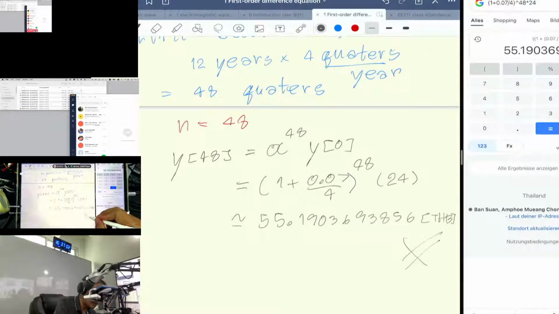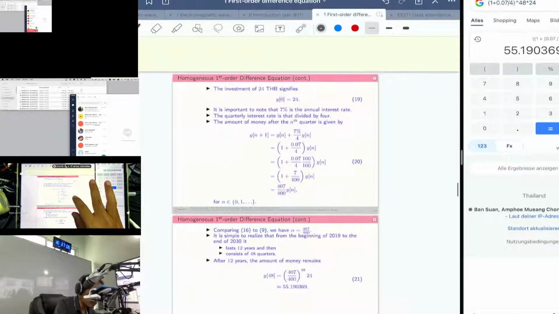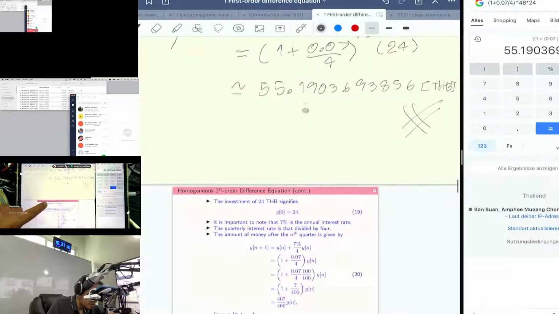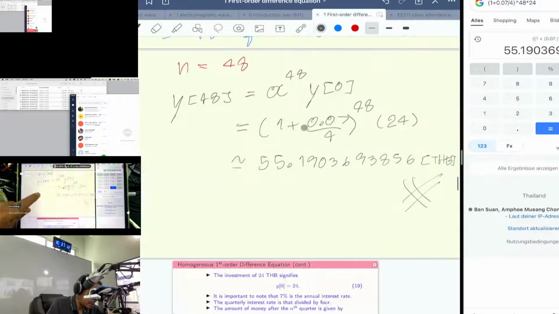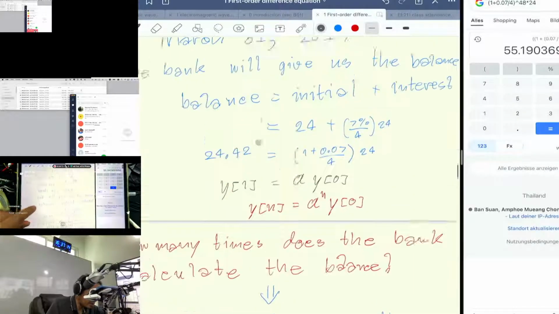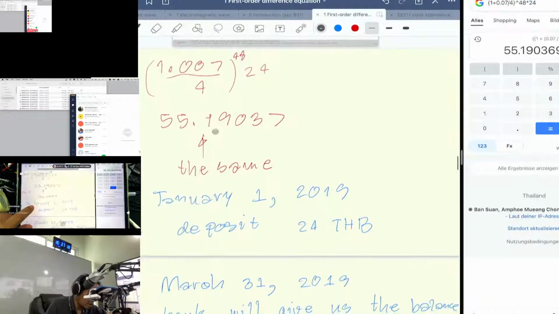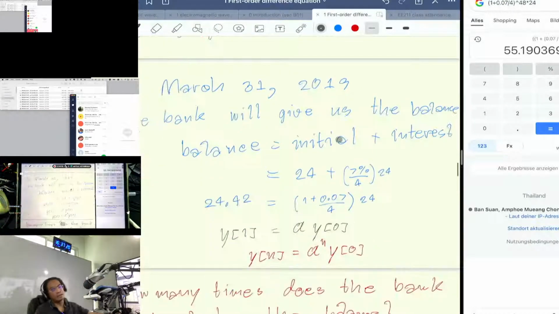That's the answer to this problem. Is it the same number as yours? Yes, 55.19037. That's correct.